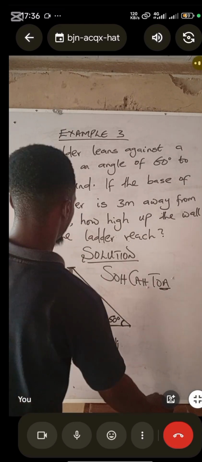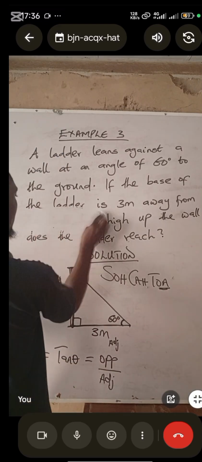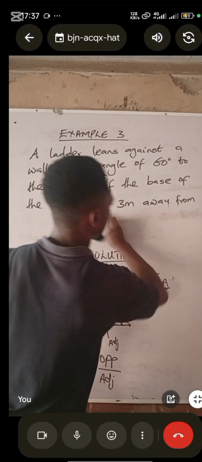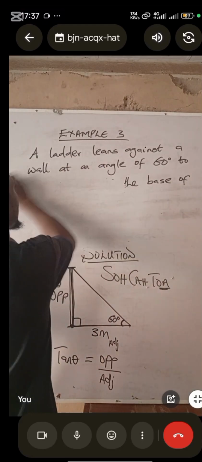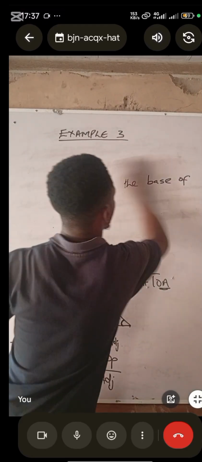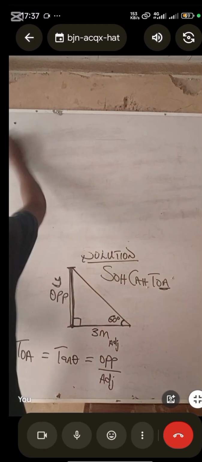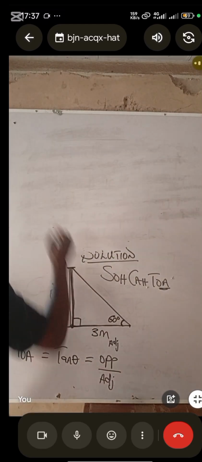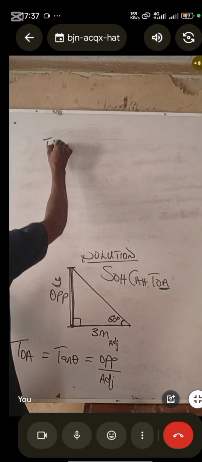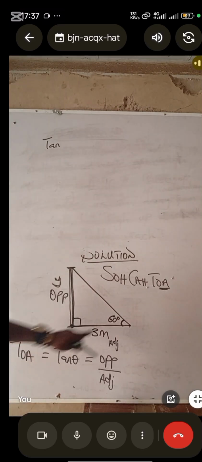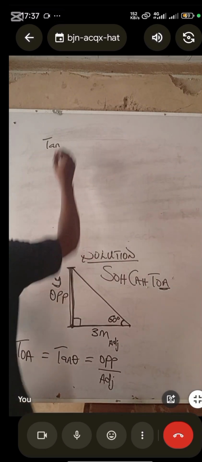We can substitute our formula. Theta now is the angle of inclination, which is 60 degrees.